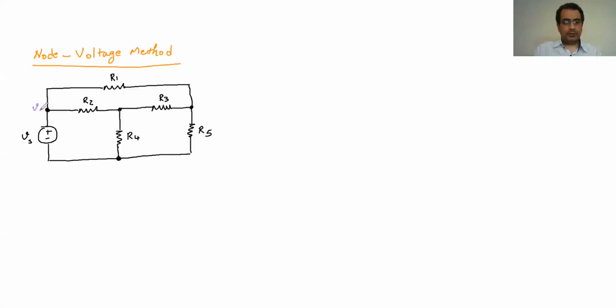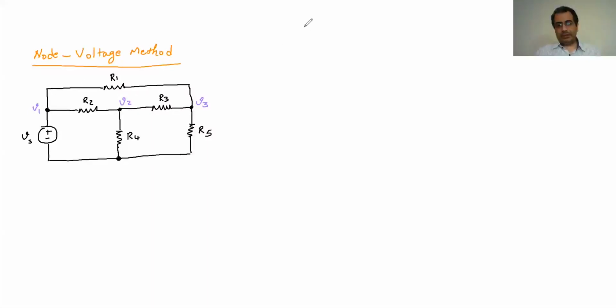I assume the voltage at this node is V1, the voltage at this node is V2, and the voltage at this node is V3.